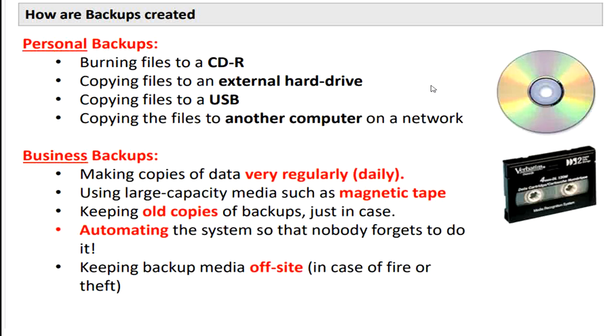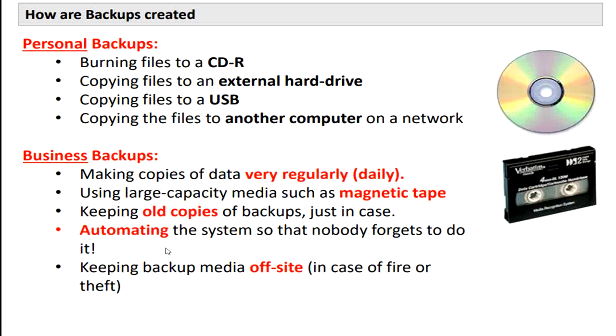For business backups, we make copies of data. It will be made on a database on a daily basis using large capacity media such as magnetic tape. Actually, in business, we need to keep a lot of information which should be saved in a large device such as magnetic tapes. We keep old copies of backups just in case, and automate the system so that nobody forgets to do it.